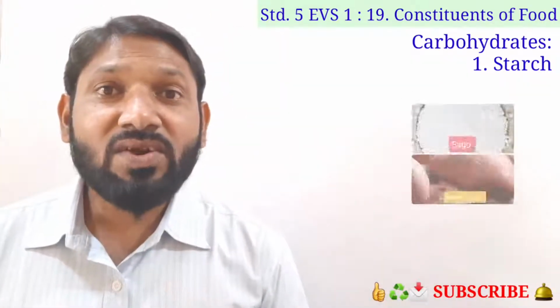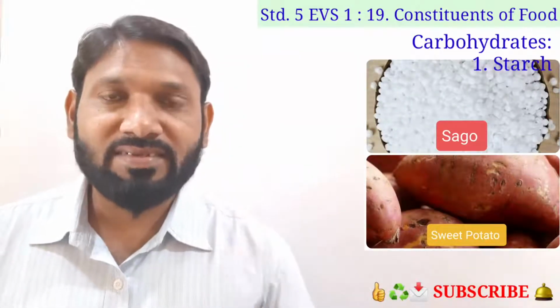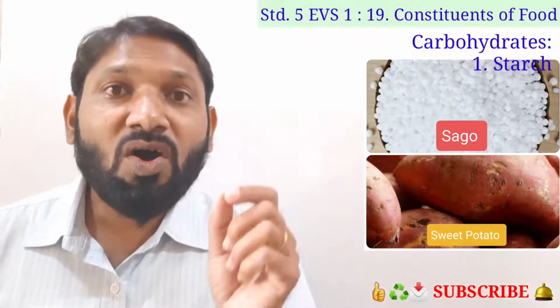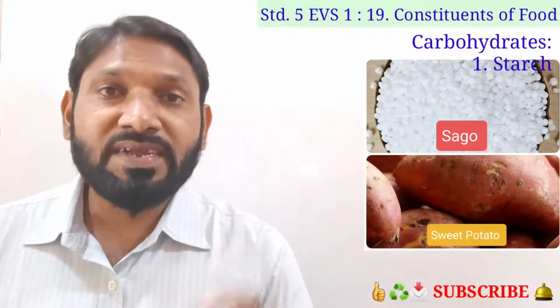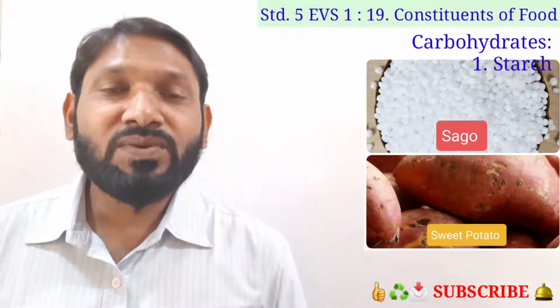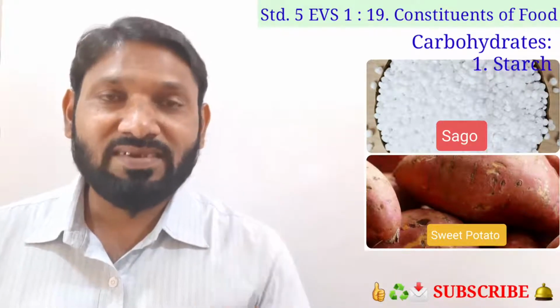Students, sago and sweet potato also contain starch. What is sago? It is small white grains obtained from the trunk of the palm tree. We use this sago when we have a fast.